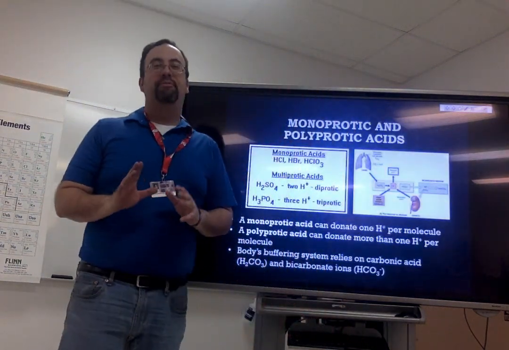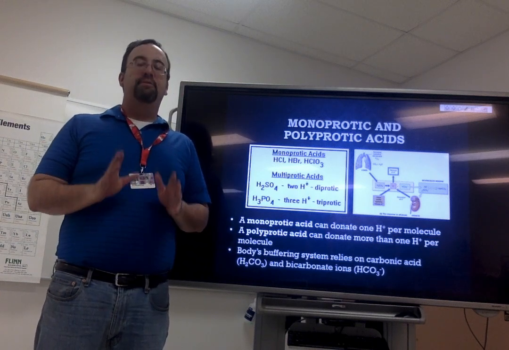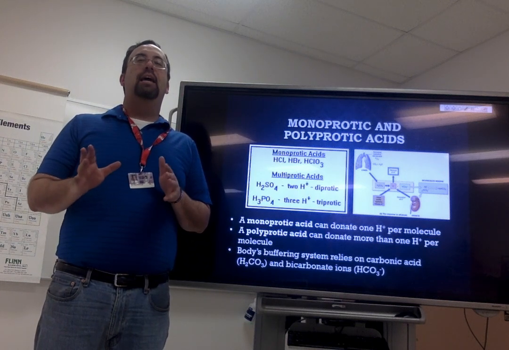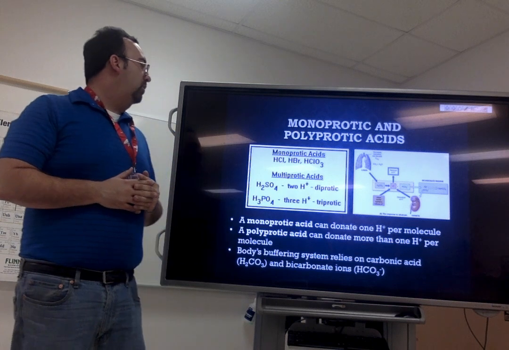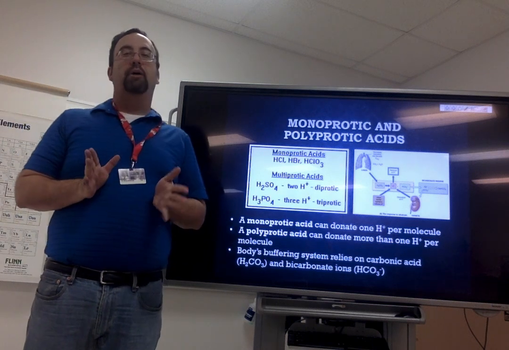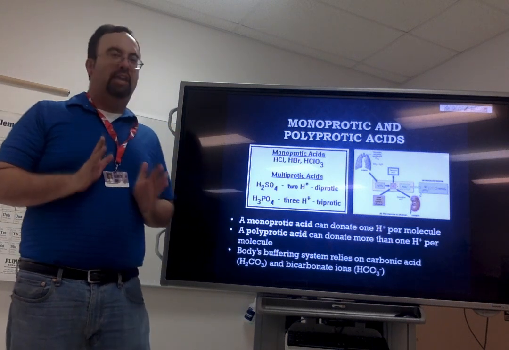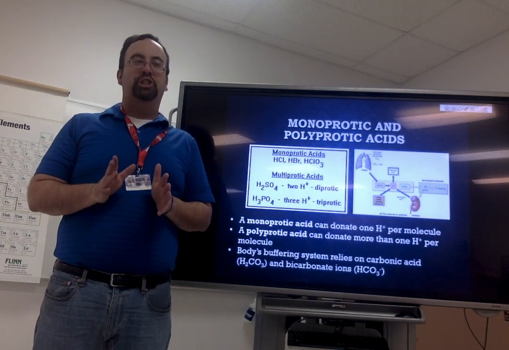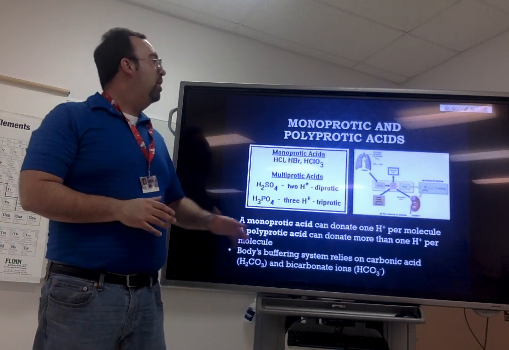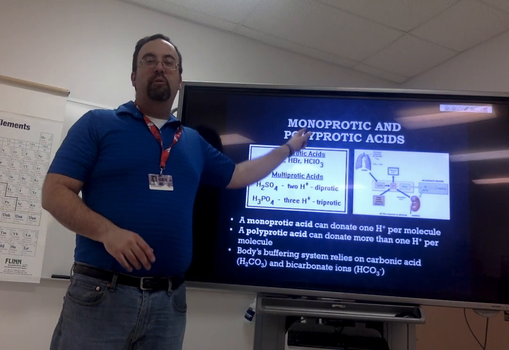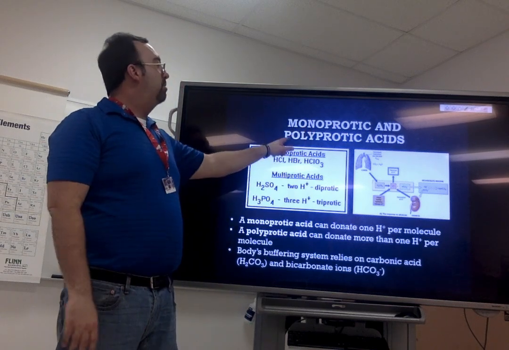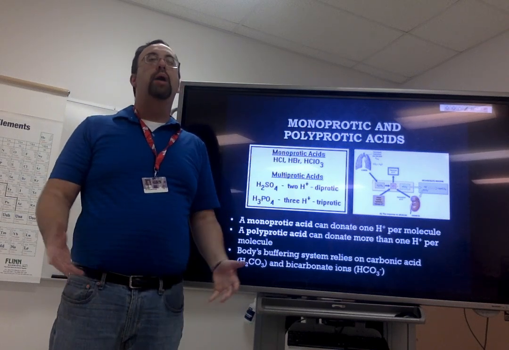All right, I'm going to finally talk about different types of acids and bases. This also is important because you can look at the words to pretty much tell you what you're dealing with. The prefix mono refers to one, and the prefix poly refers to many.